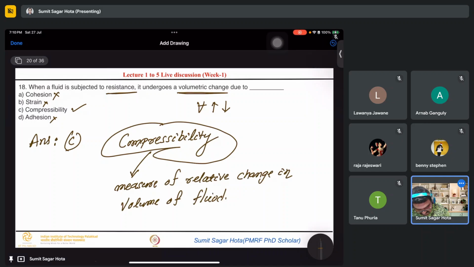So if we see that because of a resistance the volume is changing, that means with compression, we know very well, if we compress something, expansion means volume will increase, and compression means volume will decrease.